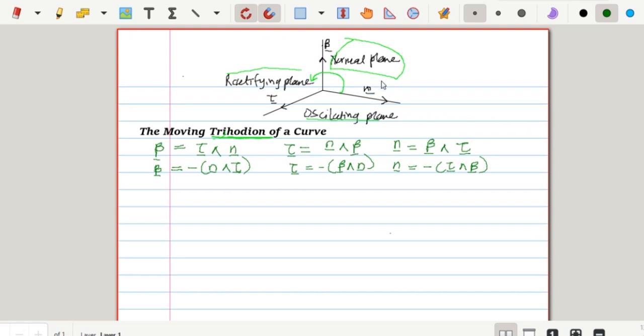So that is the movement in our trihedron, that is in the normal plane, the rectifying plane, and the osculating plane. This is how they interact with each other.